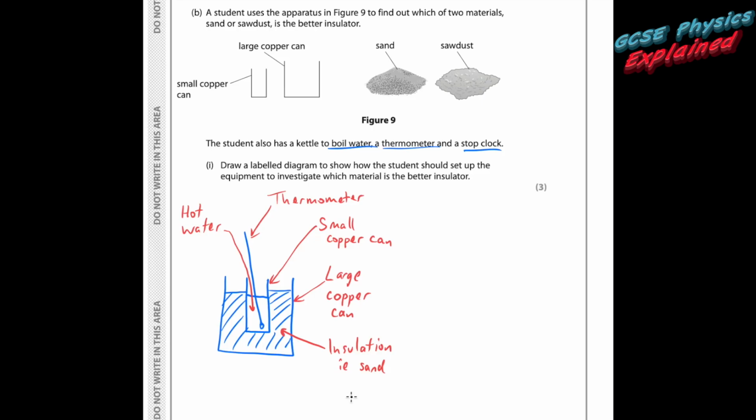So make sure you label the diagram, like I have. I think what caught people out is they didn't realise that you had to use the kit twice and set the whole thing up over here, perhaps, but next time with the sawdust.